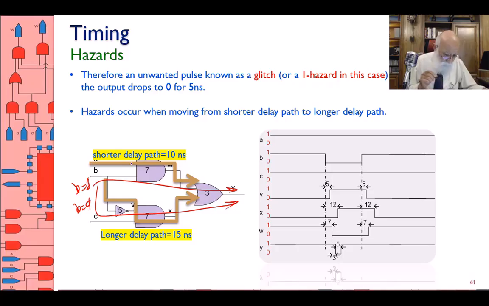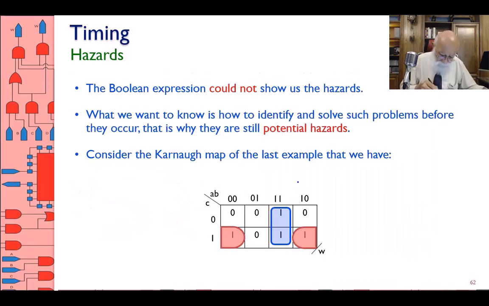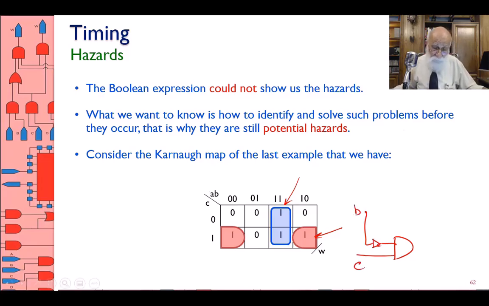The upper gate is AB, which is this one. The lower gate is BC, which is this one. Actually, I have the blue map, or the pink map, BC.